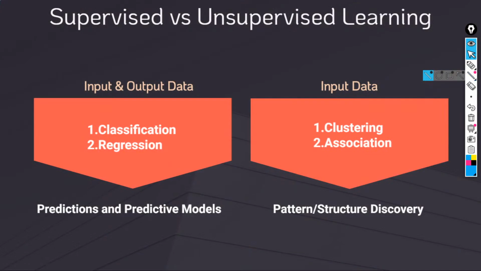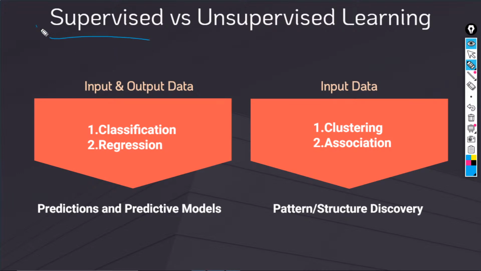Now, when we talk about machine learning, both of these, that is supervised and unsupervised, they all fall into machine learning only. I hope we are in agreement with that. Now, let us also understand the difference between each of them, and why we might need them.